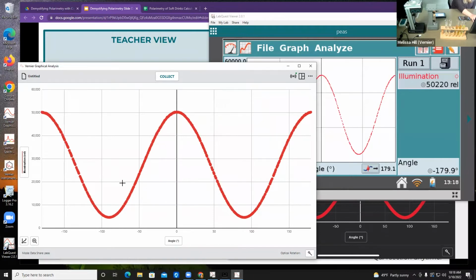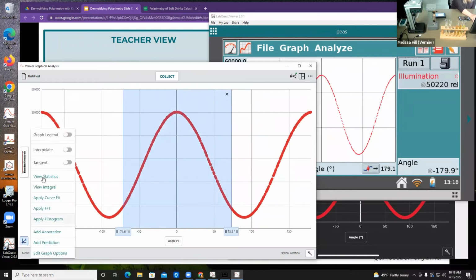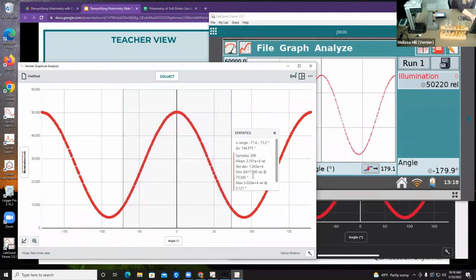So there's a couple ways I can do this. One, I can highlight the peak and click on statistics. And sure enough, it'll tell me where my max value is. So it tells me your max illumination at whatever angle. And this says it's at 0.12.